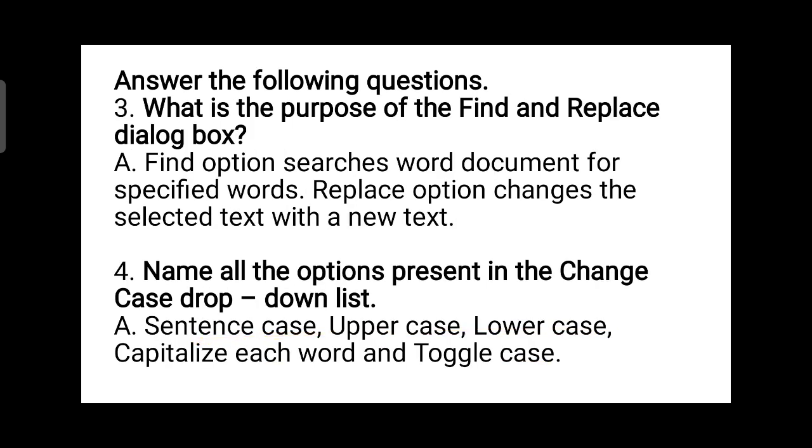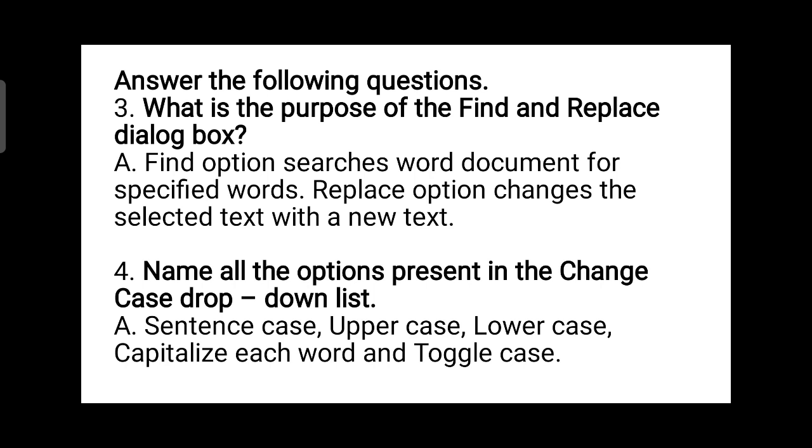Number 3. What is the purpose of the find and replace dialog box? Find option searches the Word document for specified words. Replace option changes the selected text with a new text. Now find means, suppose you have typed 2 pages. In this whole document, if you want to get some particular word, then you can use the find option.